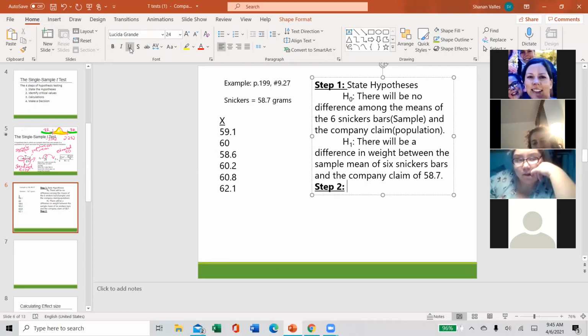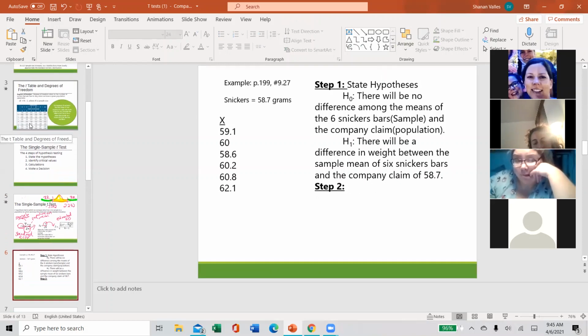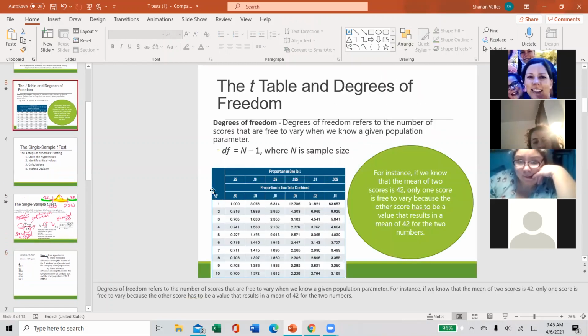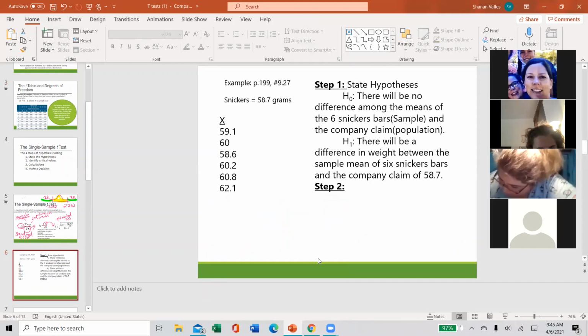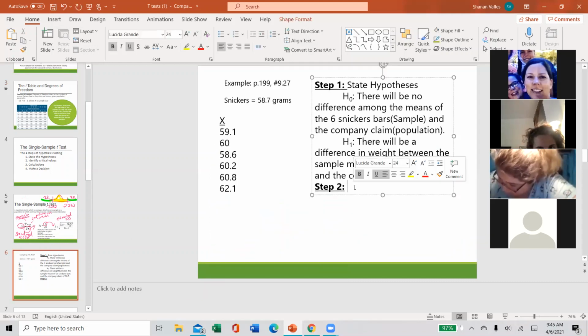Now, if you remember, you have to find a number in order to get our values. What number is that? Our degrees of freedom. We have to know degrees of freedom in order to find any critical value down here.